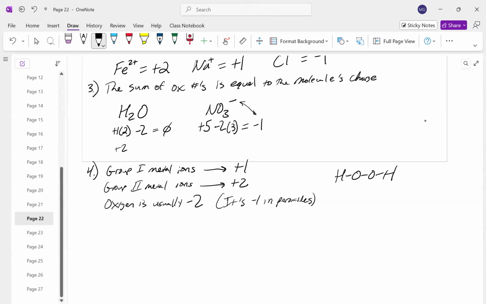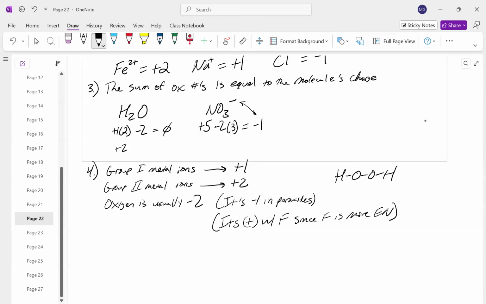But most of the time, like 99% of the time, you're going to see it as a -2. Another exception, which again, is rare, but you should know it, its oxidation number is positive when it's bonded to fluorine, since fluorine is more electronegative. So those are two rare exceptions, but I do want you to be aware of them.